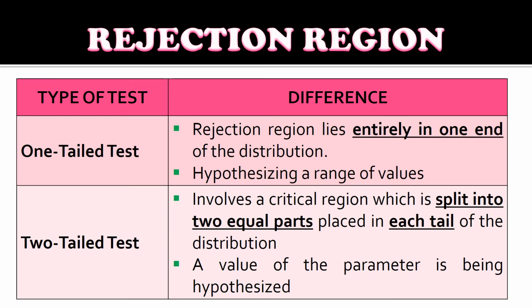And a two-tailed test involves a region which is split into two equal parts placed in each tail of the distribution. So the rejection region is at the right side and on the left side, and the acceptance region is at the middle. So the value of the parameter is being hypothesized.